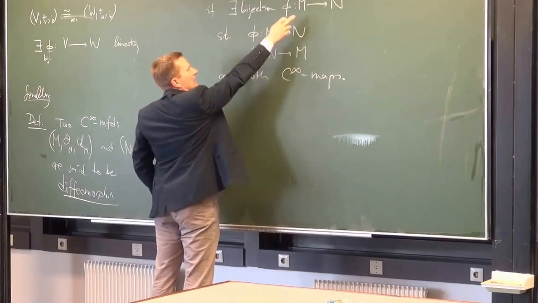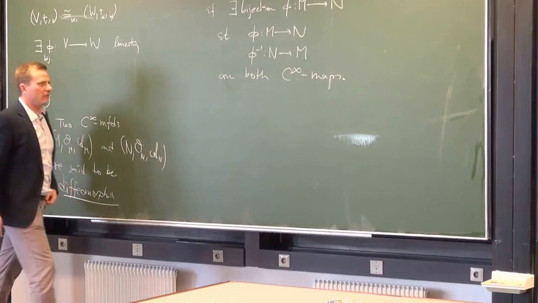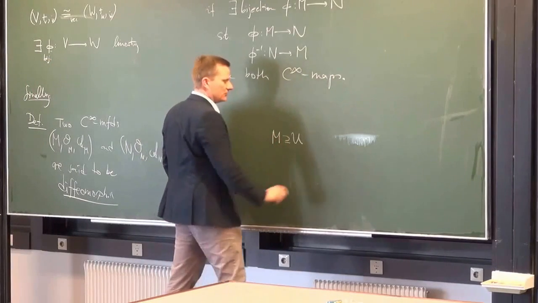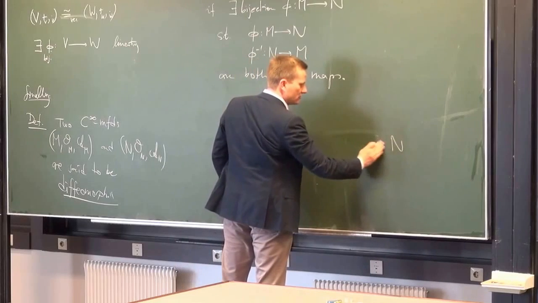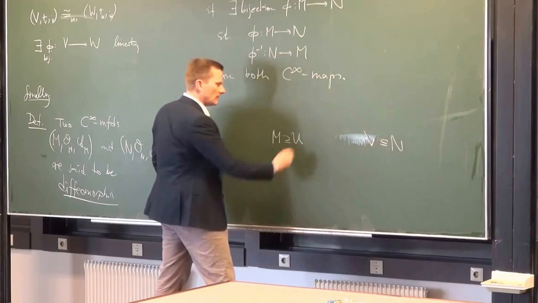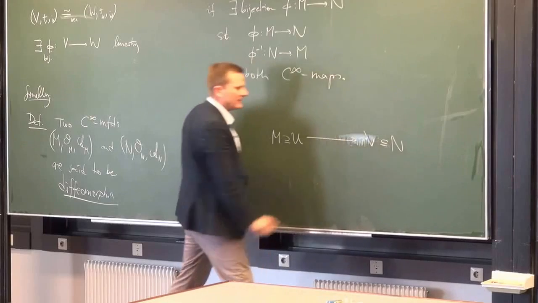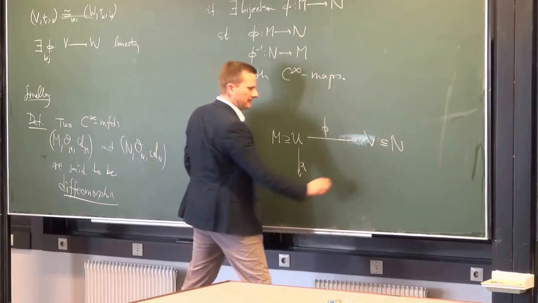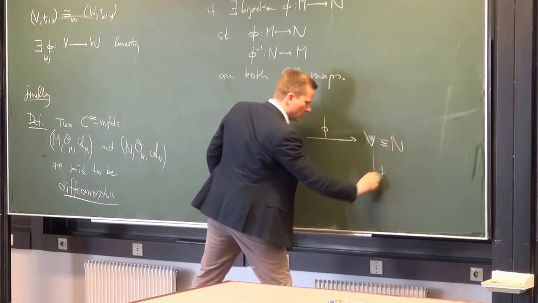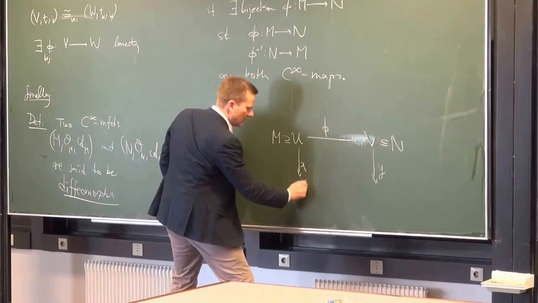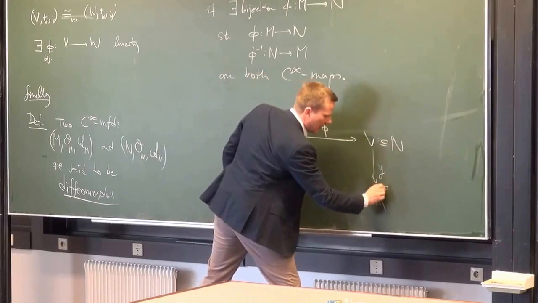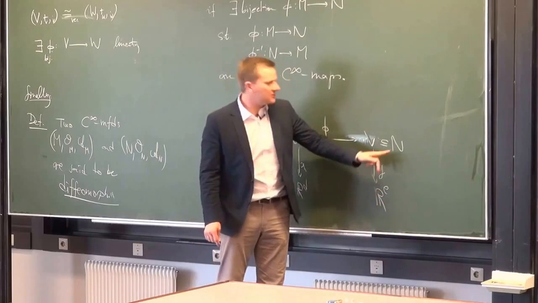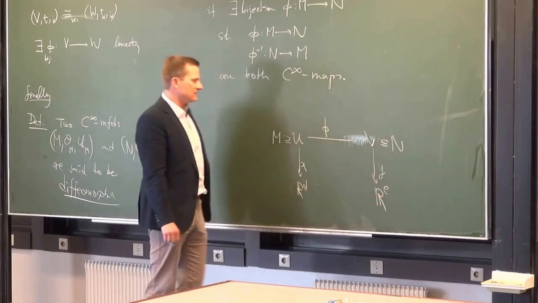If you have an M and an N smooth manifold, you may choose here an open set U, and in the target you may choose an open set V, and you look only at these portions of this map. Here you can choose a chart x and here you can choose a chart y, and that goes to some R^d, but this here goes to some R^e, because if this is a d-dimensional manifold where you start and this is an e-dimensional manifold where you land, the charts will have this property.